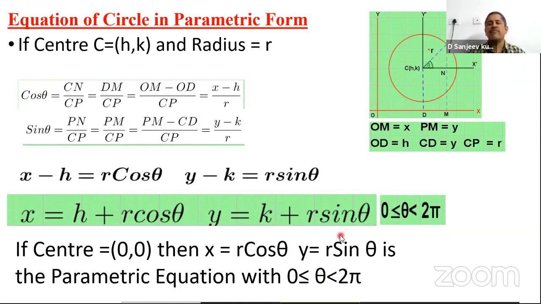So try to carefully follow this. You have to remember this equation: x is equal to h plus r cos theta, y is equal to k plus r sin theta.